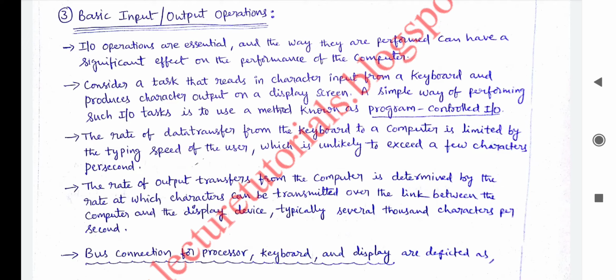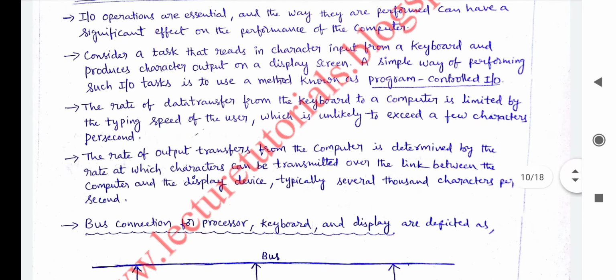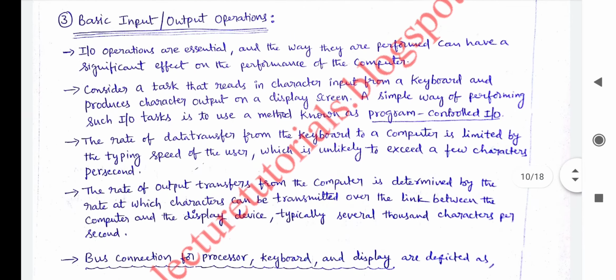Consider a task that reads in a character from a keyboard and produces character output on a display screen. A simple way of performing such an IO task is to use a method known as program controlled IO.